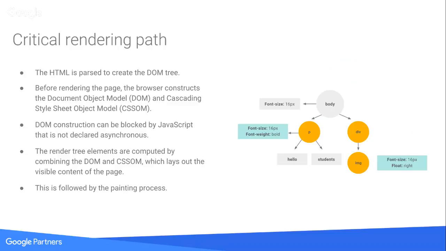And DOM construction can be blocked by JavaScript that is not declared asynchronous. The render tree elements are computed by combining the DOM and CSSOM, which lays out the visible content on the page. And this is followed by the painting process.